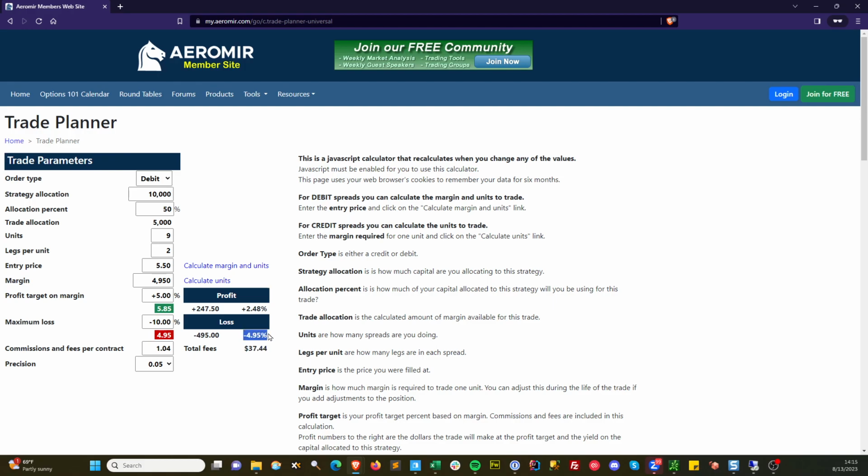So one good rule of thumb is to try and keep your losses in any one trade to say 2% of your account. So if you're trading $10,000, maybe you want to reduce this to 25%. And again, we've got too much capital allocated, so we can click on that. Well, now we're down to a 2.2% loss, so maybe let's do 22% and recalculate. So now we're at a 1.65% loss.